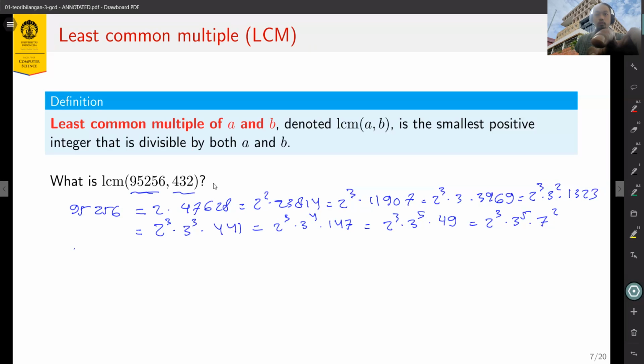Now, what about the other number, 32? Well, this is easily divisible by 2. In fact, this is divisible by 4.